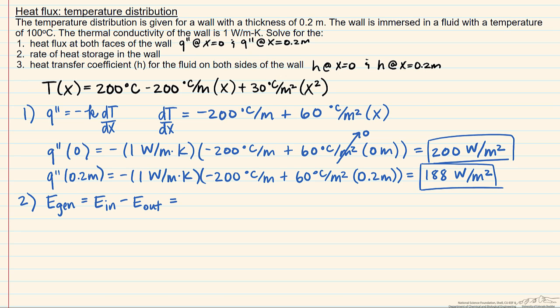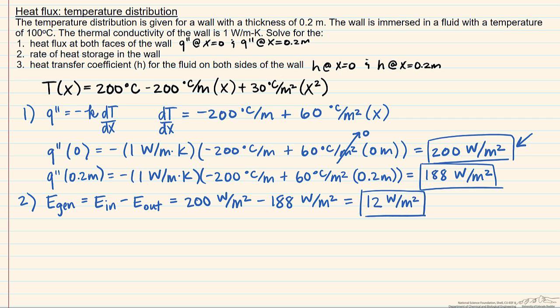The energy in is just our answer for q double prime at x equals 0, and the energy out is 188 watts per meter squared, or the heat flux out of the wall at x equals 0.2. And so this means that our energy generation in the wall is 12 watts per meter squared.